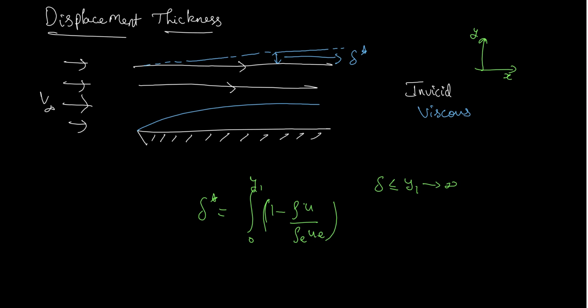And rho and u are the density and velocity inside the boundary layer at any particular location x, dy. So this is how the displacement thickness is defined.